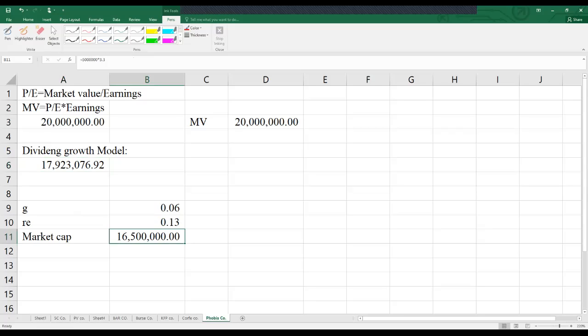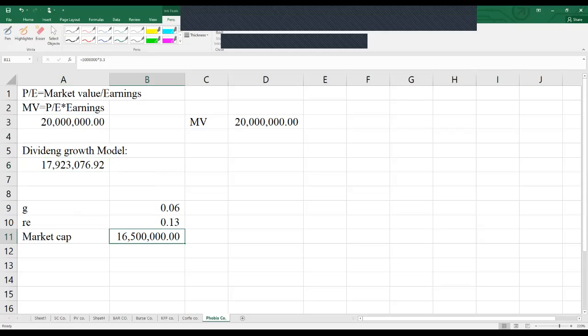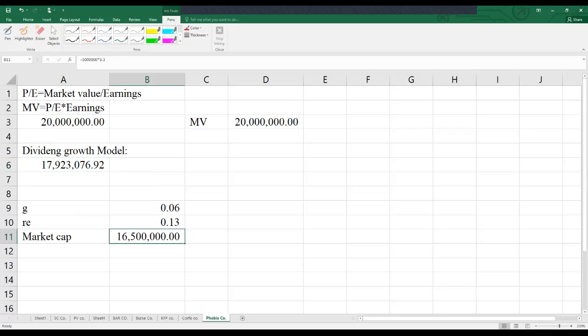Now regarding the use of the PE ratio to get the value of 20, we compare with 16.5. The PE ratio of 10 is not the company's PE ratio, it is the PE ratio of the industry, the industry average.